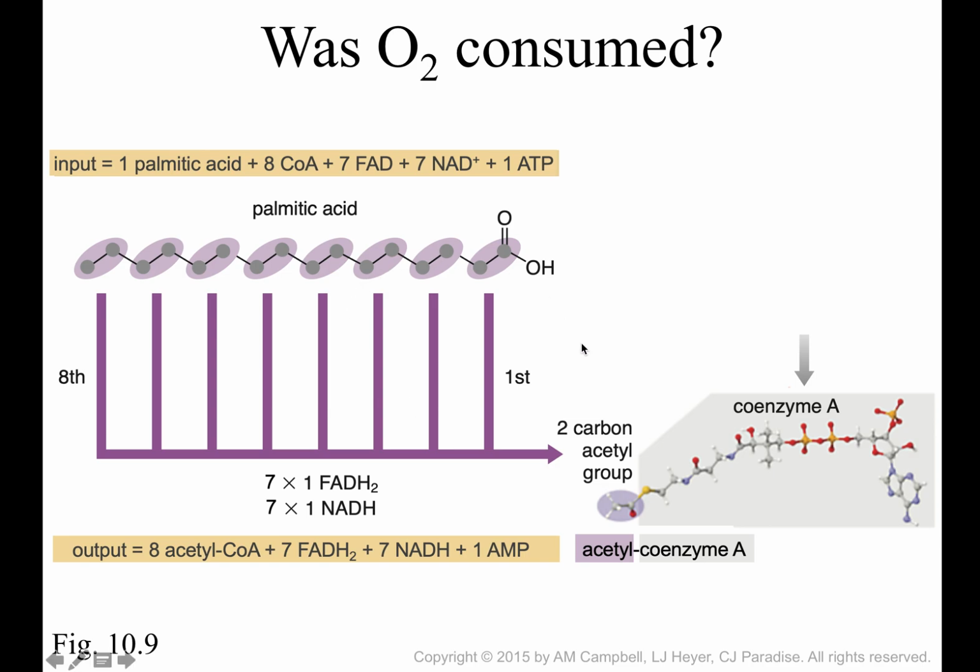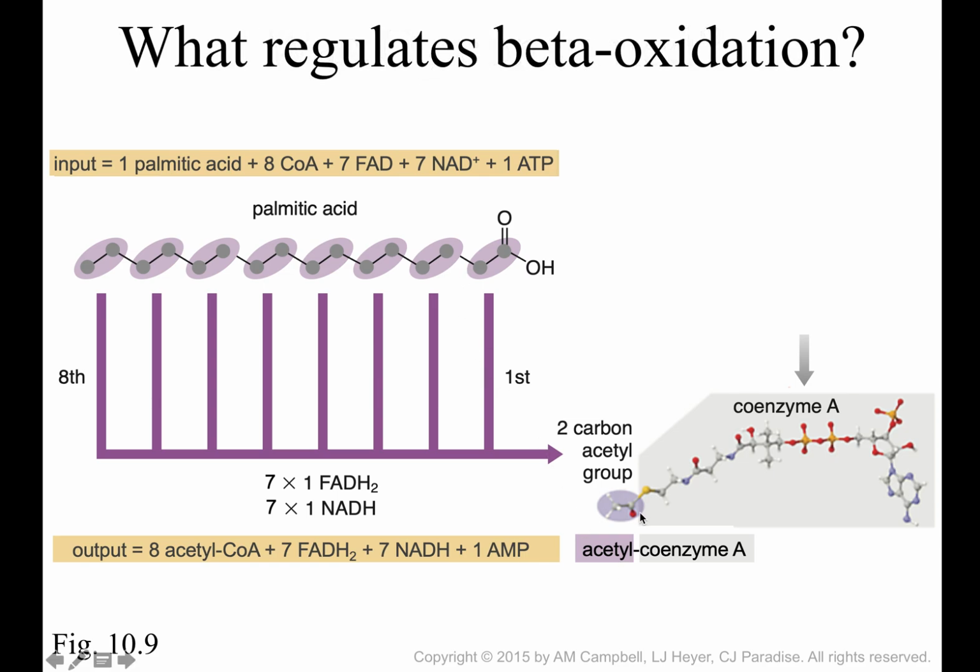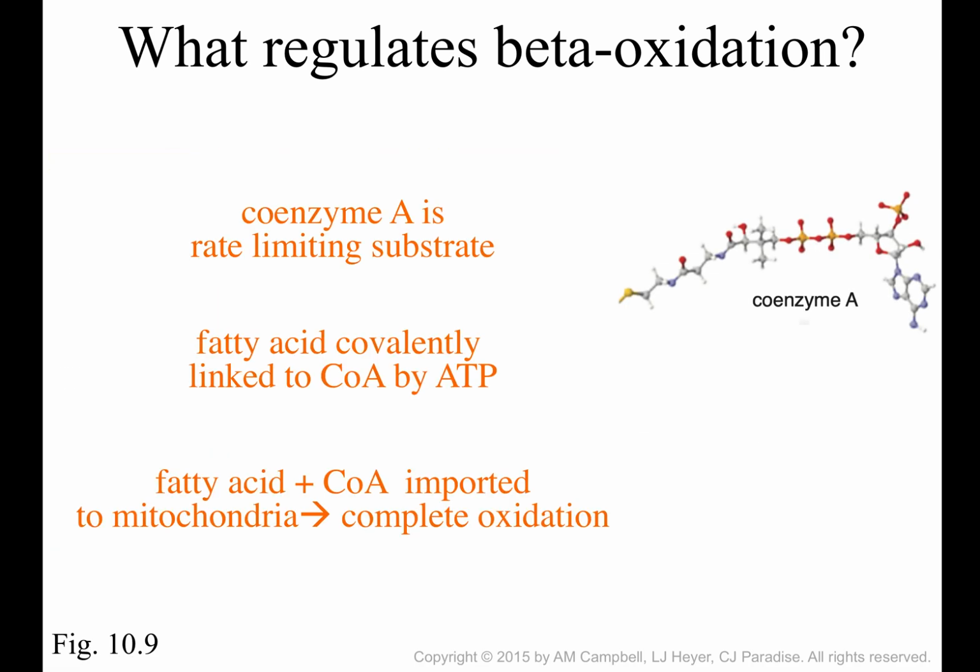So in the transfer of those 2 carbons to the acetyl group, you don't transfer oxygen. But when the fatty acid is completely oxidized, that 2-carbon molecule goes through the citric acid cycle, and then the NADH and FADH2 that you generate goes through stage 4, the electron transport chain, and then stage 5, you convert it to ATP.